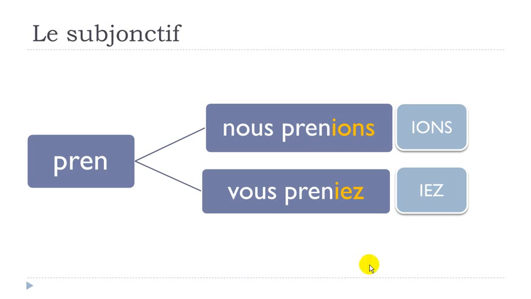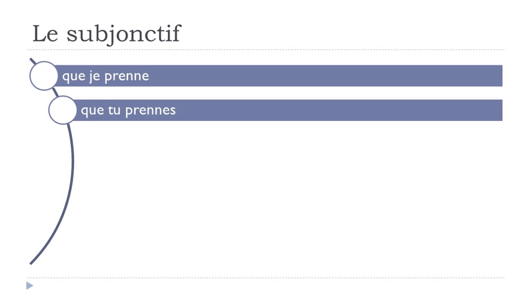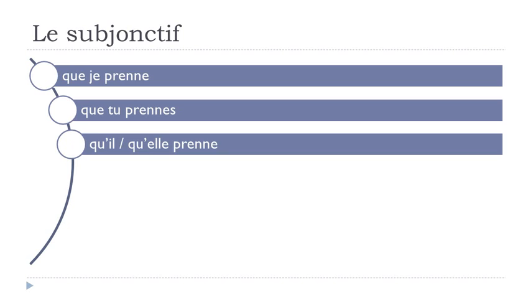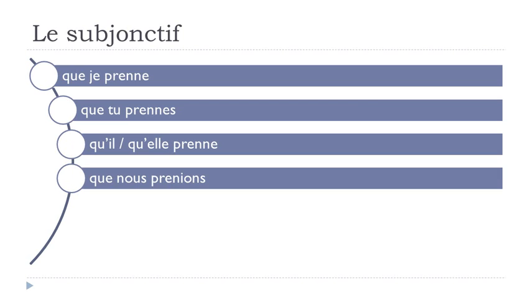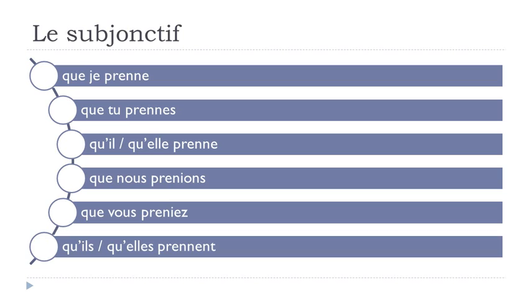Okay? If you remember, it looks quite familiar because it's the ending as well for the imparfait form that we saw a while ago. Okay, so let's have a look now. The full thing. So, que je prenne, que tu prennes, qu'ils prennent, qu'elles prennent, que nous prenions, que vous preniez, qu'ils prennent, qu'elles prennent.